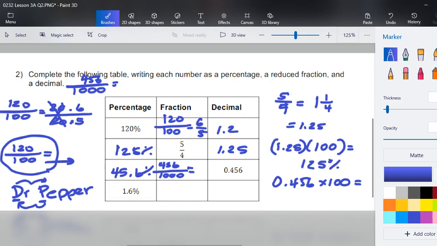So you can grab a calculator, and I'm going to take 456 and divide it by 4. And so I'm getting 114 times 4 is our numerator, and our denominator is 250 times 4. Those become 1, and we're left with the fraction of 114 250ths.